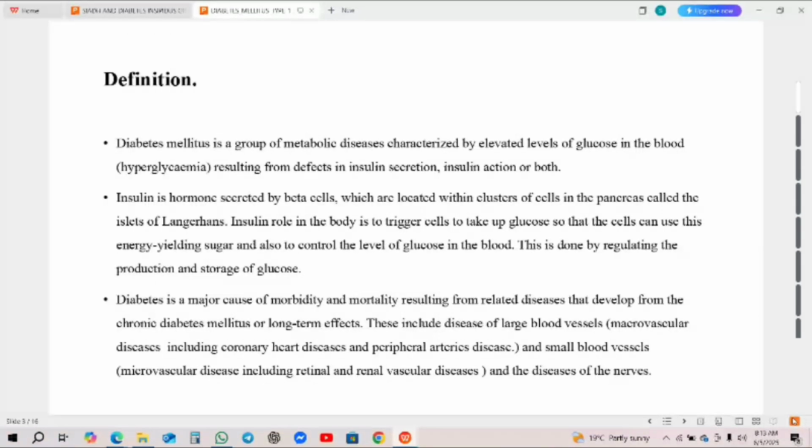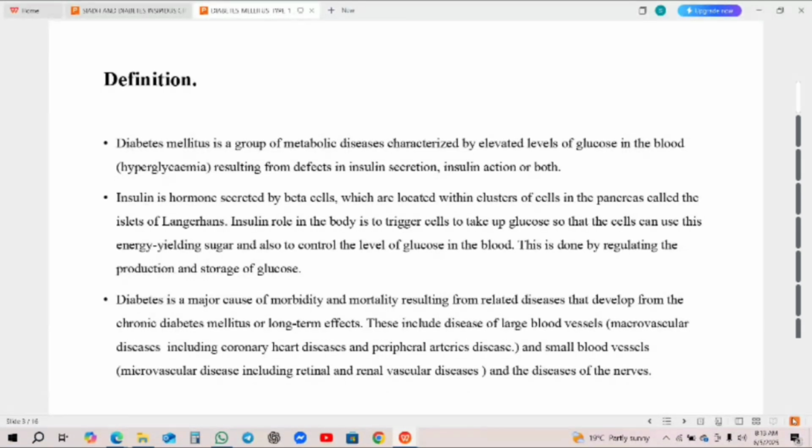The main cause of diabetes mellitus is the insulin hormone, which may not be produced in enough quantity, or there may be insulin resistance, where adipose tissue or muscles become resistant and cannot respond to the produced insulin. So what is insulin?